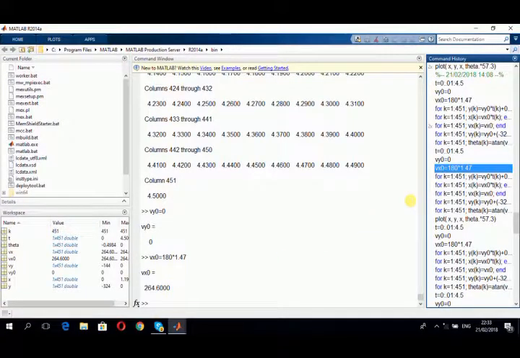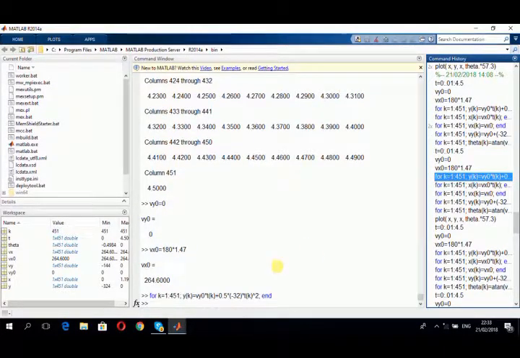Now we are going to recall all the basic equations that we used in the last session. This one represents the vertical displacement of our projectile.